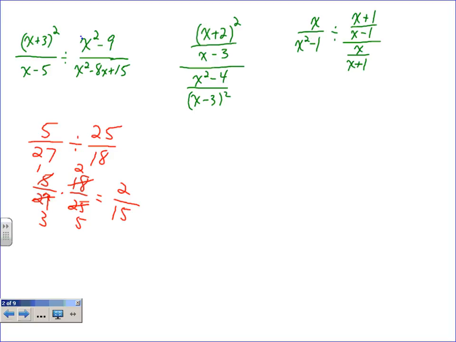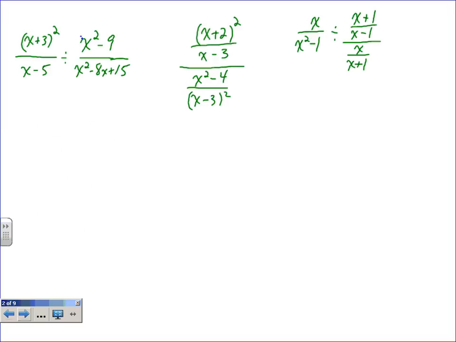So let's take a look at this equation I have up here. X plus 3 quantity squared. Emily, I'm going to write that as x plus 3 times x plus 3. Is that okay with you? All right. On the bottom, I'm going to leave that as x minus 5.